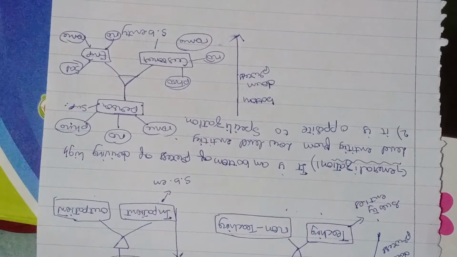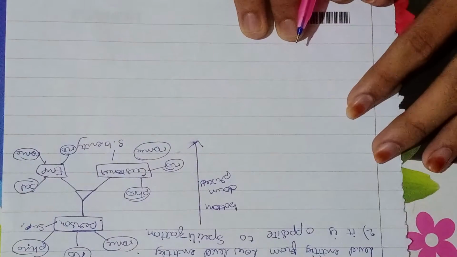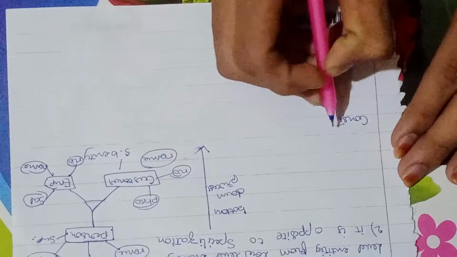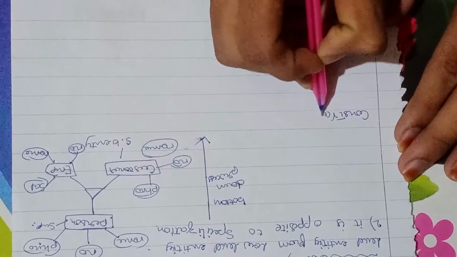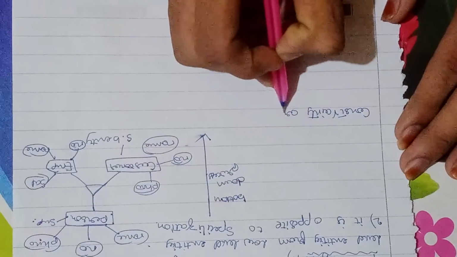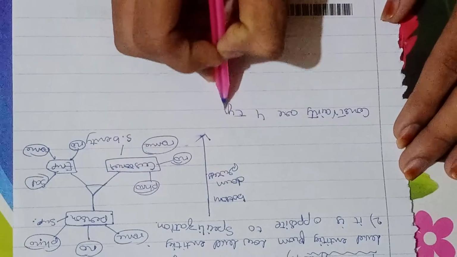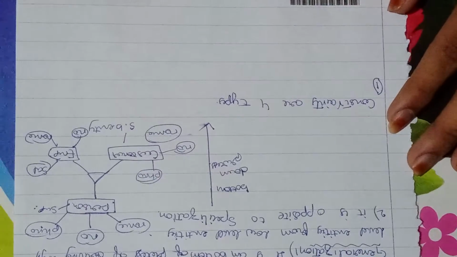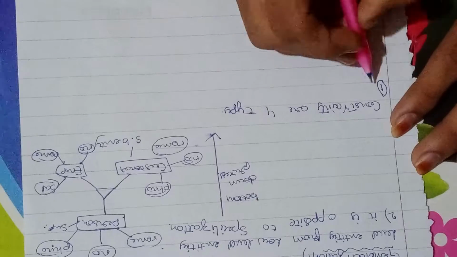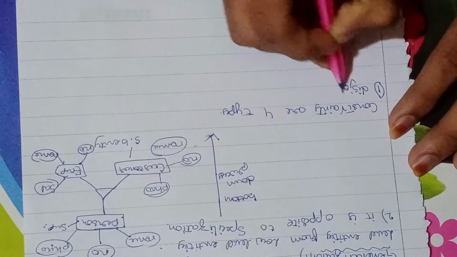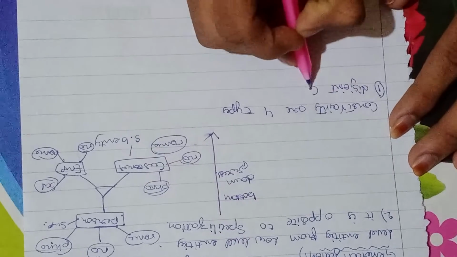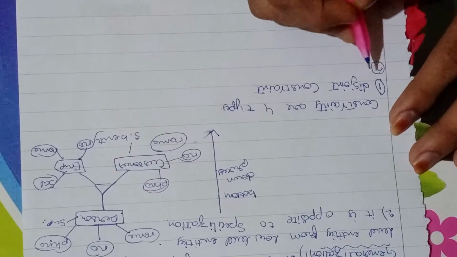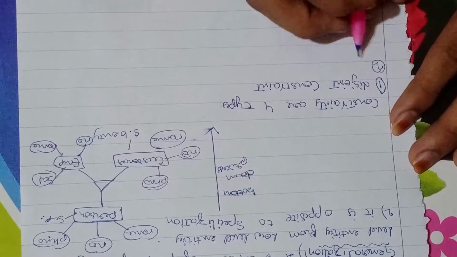Now we can see constraints are of four types. First, disjoint constraint. Second, overlapping constraint.